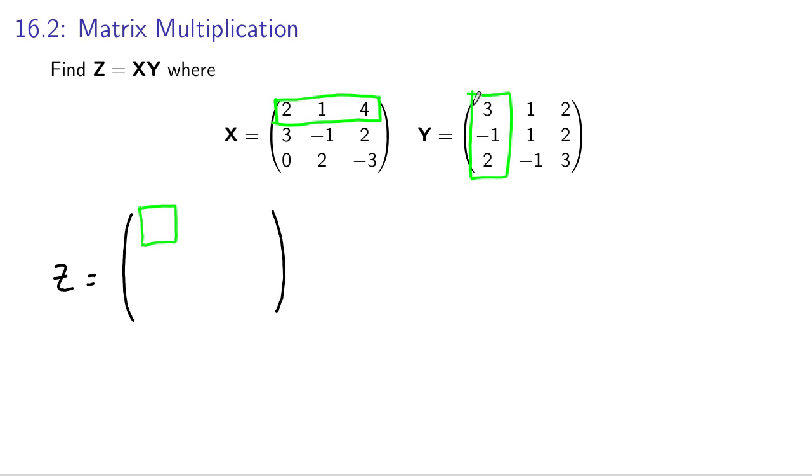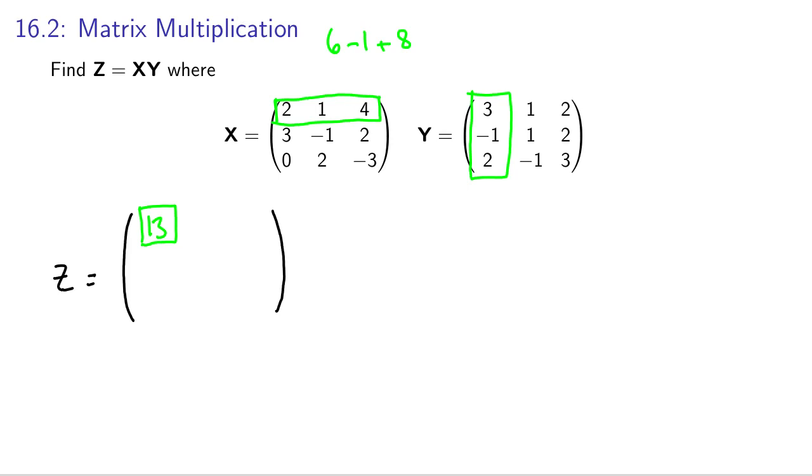So we have 2 times 3, that's 6. 1 times negative 1 is minus 1. 4 times 2 is 8. So 6 minus 1 is 5 plus 8, 13. That is the first entry in the matrix.